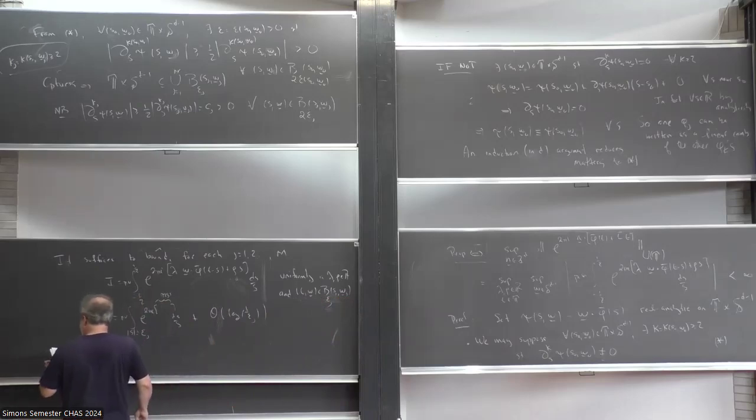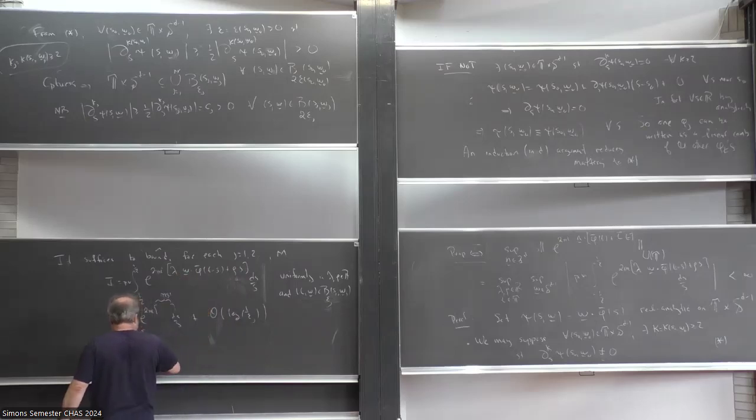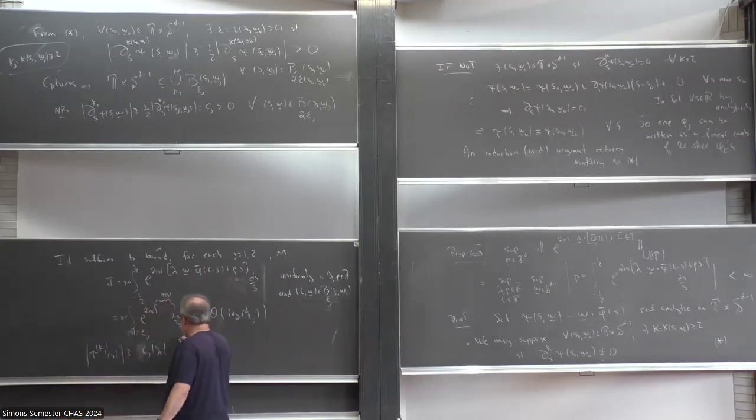What do I know? This is bounded below by 1/2 this number, this C, what did I call it? Cj. This is at most lambda times Cj. The derivative bound on omega dot I have control from below, and I still have this lambda. So this is at most Cj times the absolute value of that, and this is true for all s less than or equal to epsilon j.